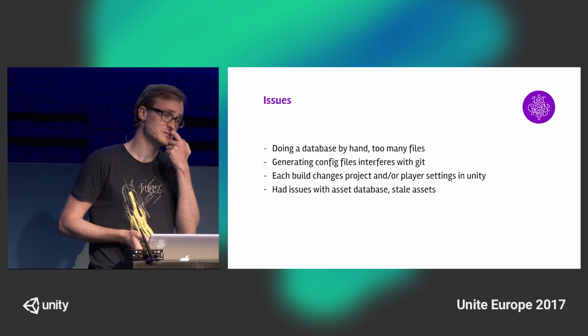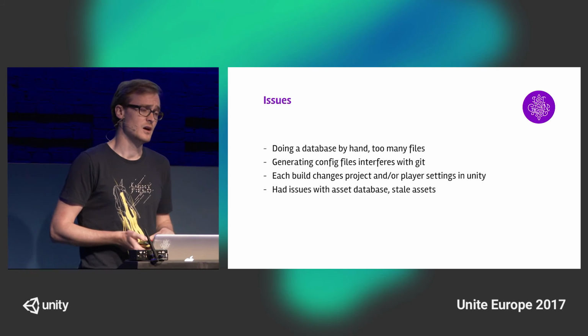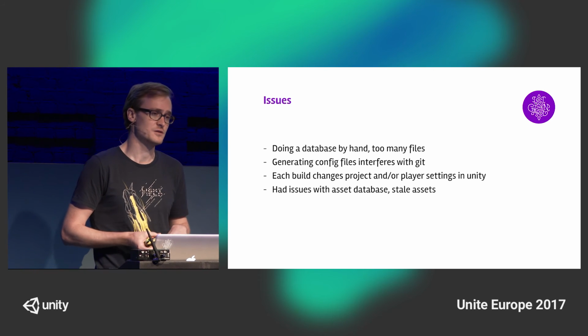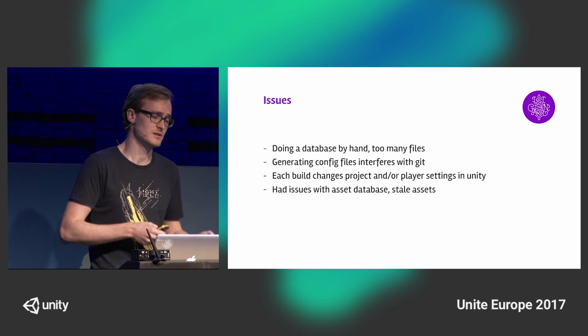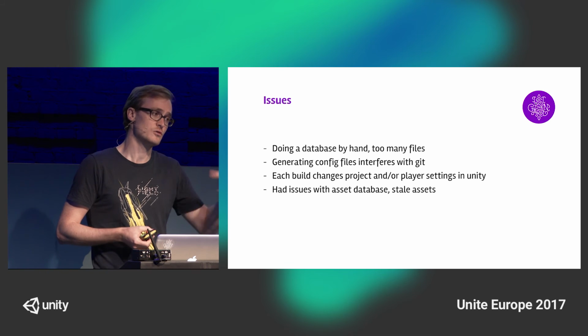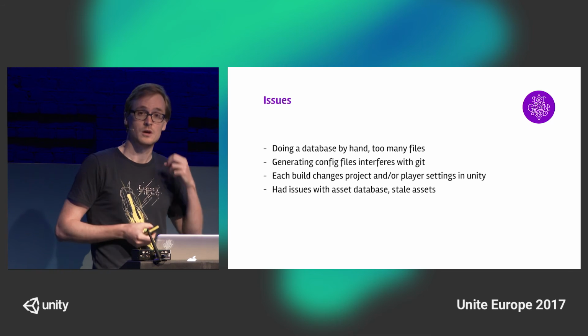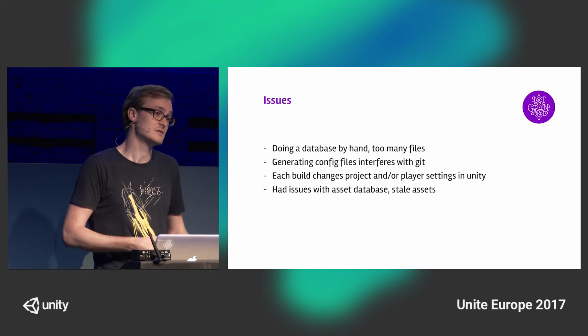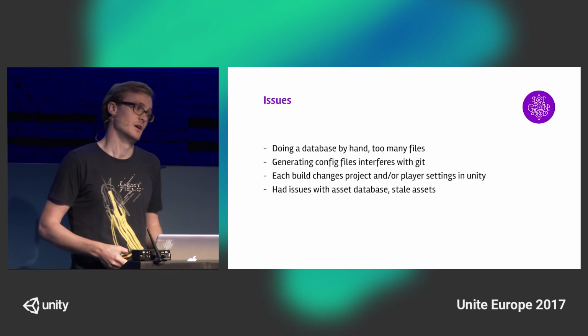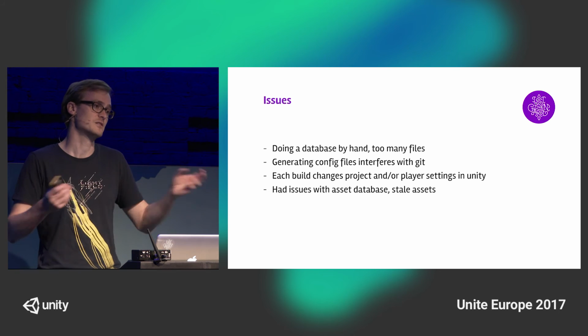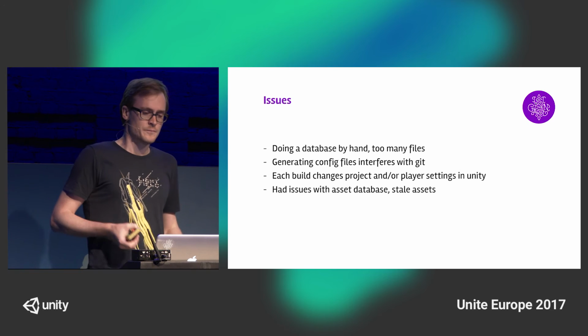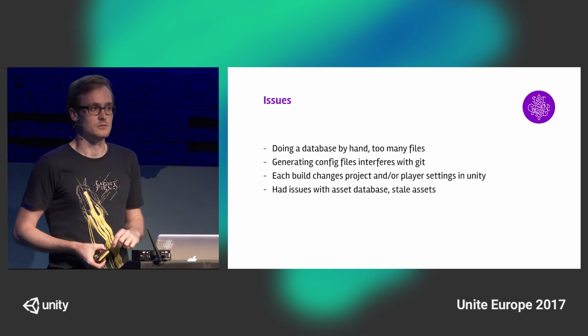Whenever we do builds, we change the Unity configuration. So we change the project settings, we change the build settings, and so on. And these are all saved in Unity. So whenever we do a build, it changes these files that then show up in Git. And then somebody checks in those files, and it creates conflicts, and so on. So it's not very ideal.